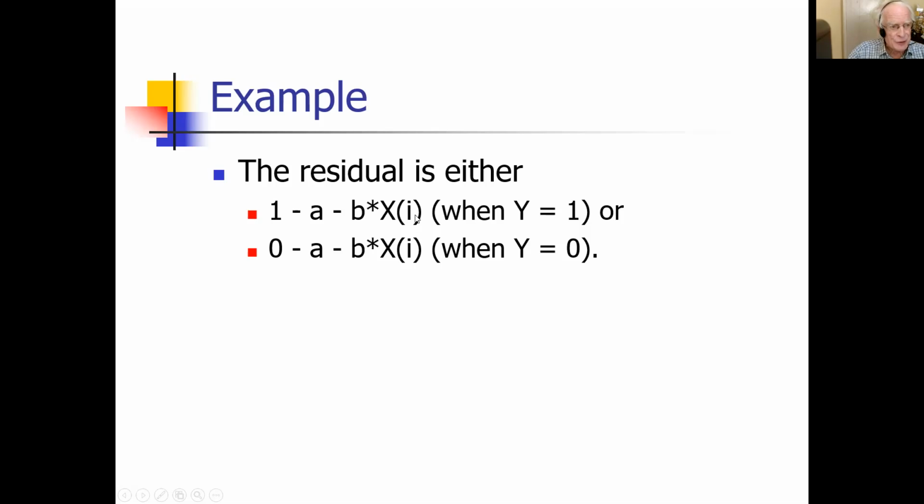So here is a general example. For example, we could be looking at a smoking function where y was equal to 1 if we found that the respondent smoked, and otherwise was equal to 0.